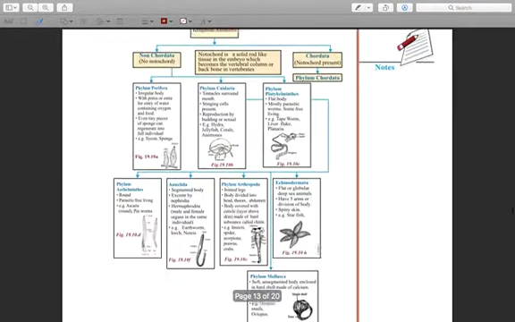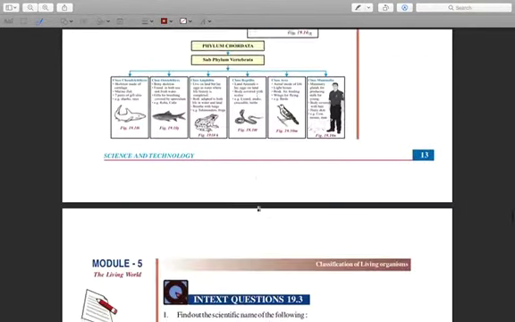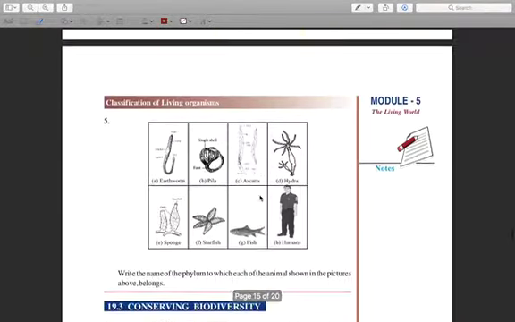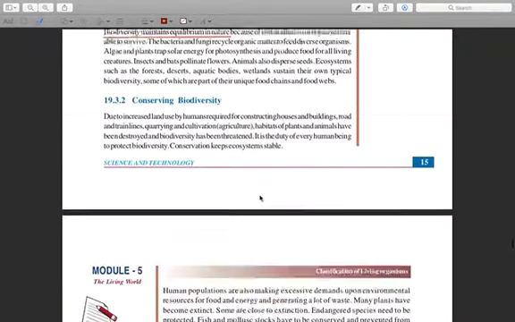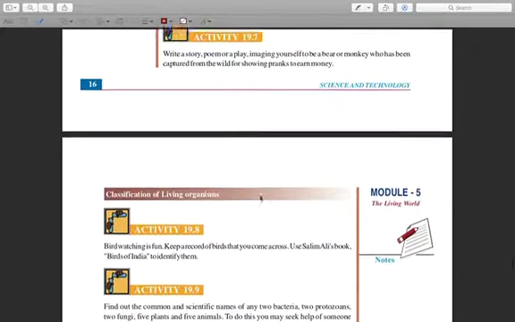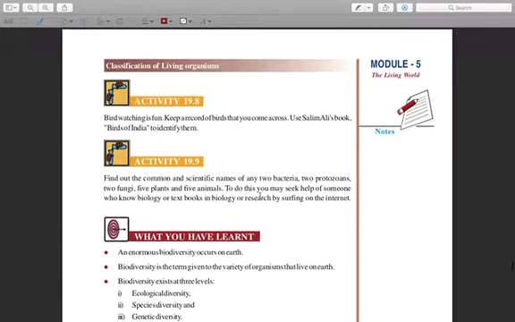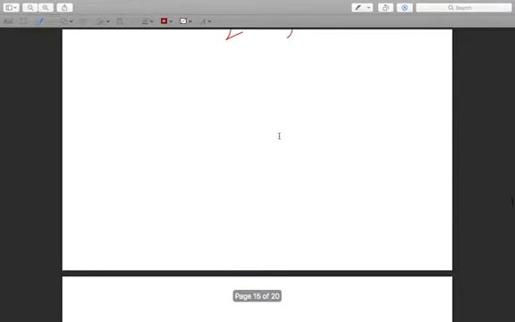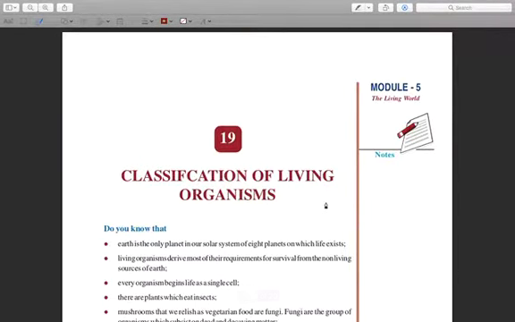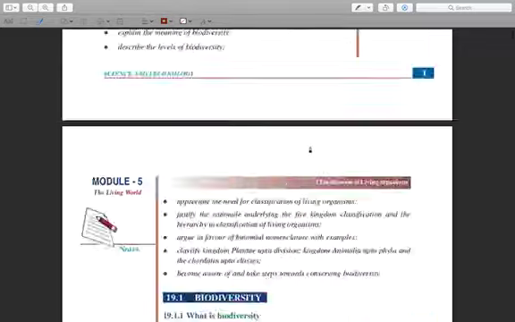We saw about kingdom Plantae, then classification of animals, then finally conserving the biodiversity. So alhamdulillah, these are the topics covered in this lesson, classification of living organisms, in module 5, the living world.